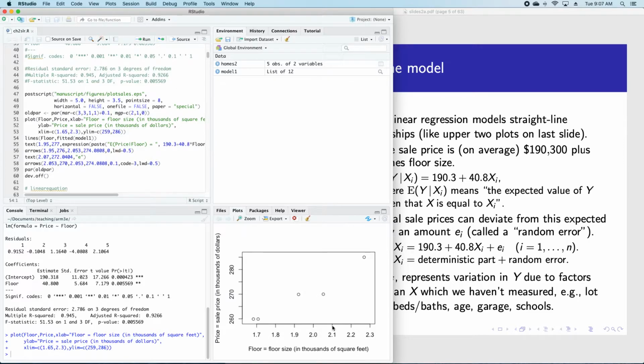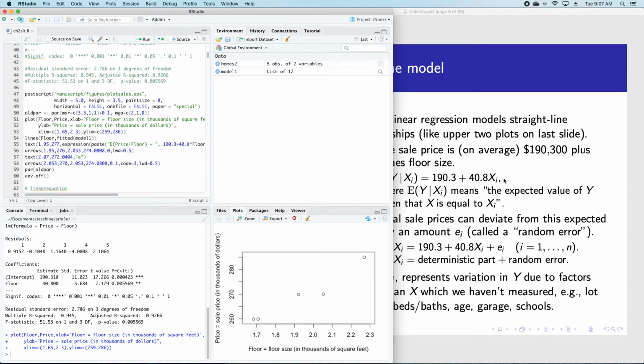Here it is down here in the bottom right of the R window. We've got sale prices on the vertical axis, that's our Y variable, and floor sizes on our horizontal axis, that's our X variable, and here are the 5 houses plotted. These two down here are the least expensive, smallest houses. This one up here is the most expensive, largest house.